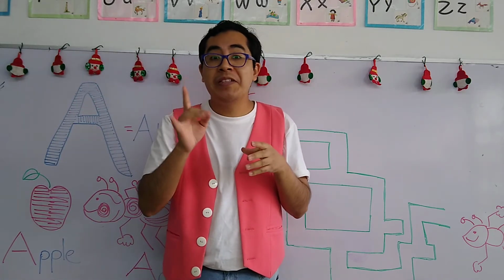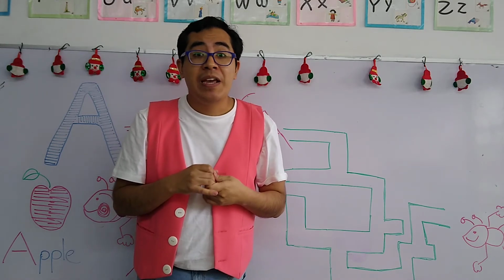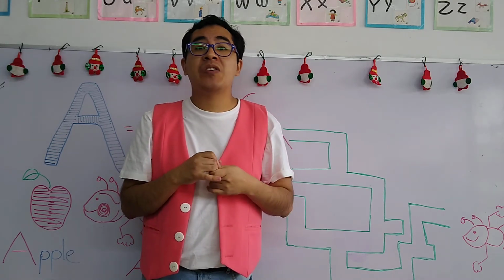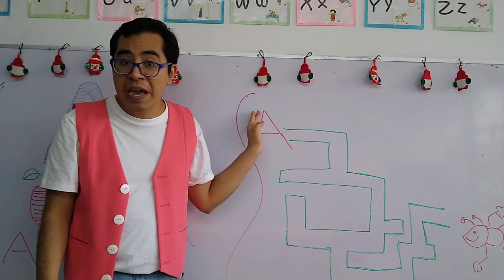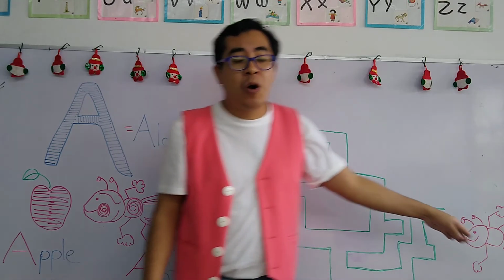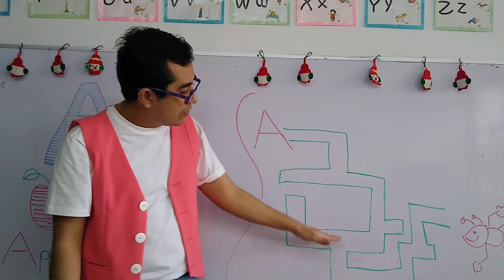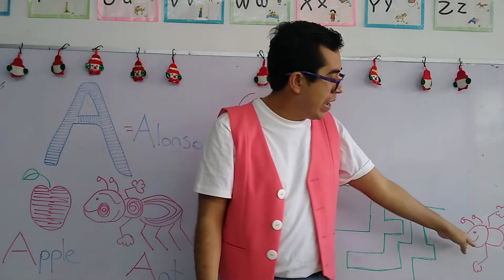It's laberinto. But with the teacher, it's called a maze. Now, what we have to do is we have to join, tenemos que unir, the capital A with the ant, okay? We have to go through the maze to join these two objects, the capital A and the ant.